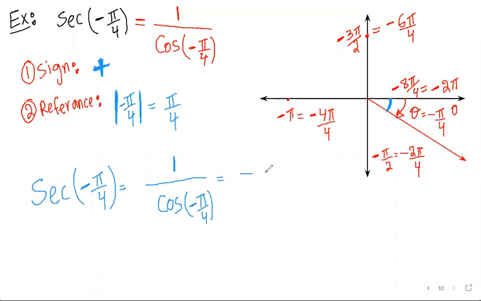The sign for the cosine is positive, and the reference angle is pi over 4. This is equal to 1 over the cosine of pi over 4, from the table.